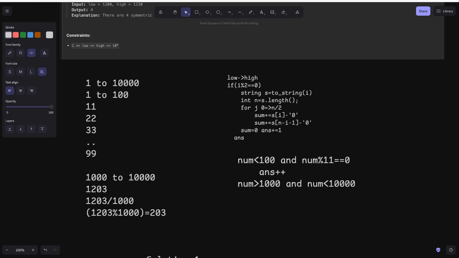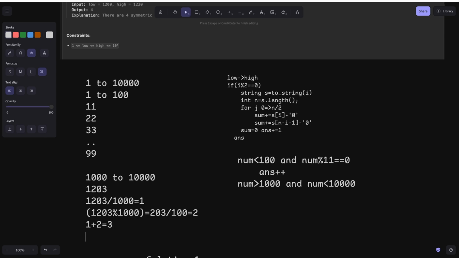Now for this we will divide it by 100. From the first one we got 1. From the second one we got a 2. So 1 plus 2 would give us 3 in this case.